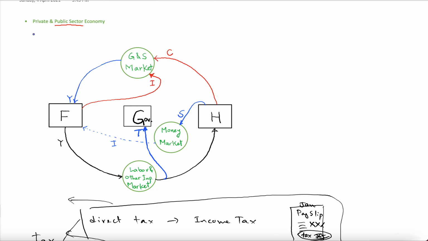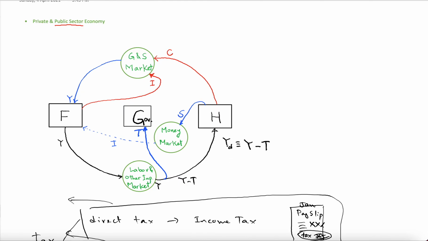So up to here, the flow of income is Y. Then after this, it becomes Y minus T. This one we call disposable income, which is always equal to national income minus net tax.